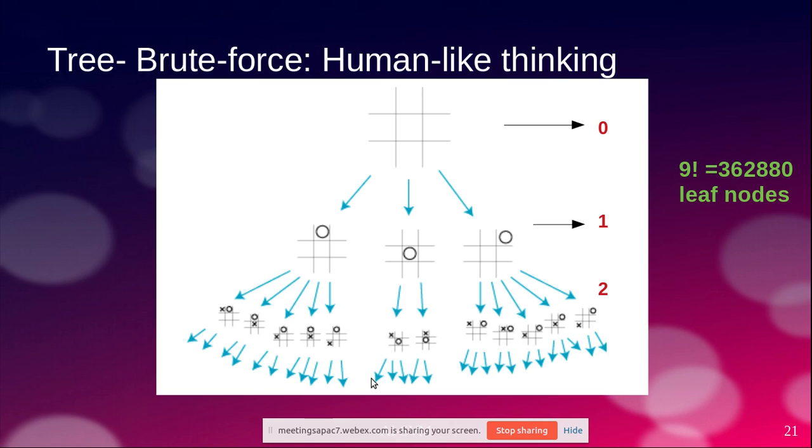That way, on the last level, that is the ninth level, you will have 9 factorial leaf nodes. That makes 3,62,880. So 19,000 itself was looking very big, and now we are talking about 3,62,000.